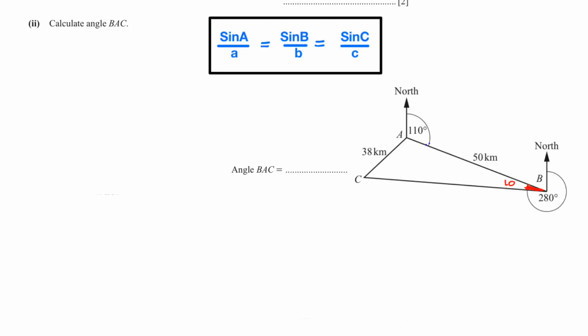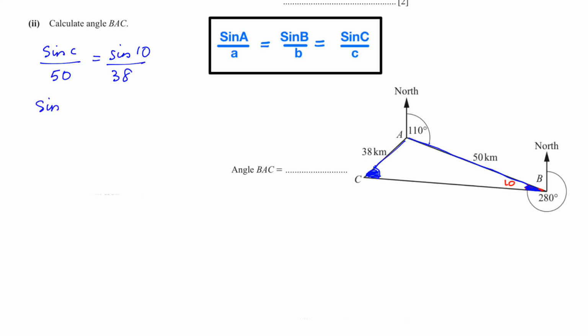So we are going to use first the sine rule to find C, as we have the opposite side for it. Okay. So we will write sine C over small a, which is your side, 50, is equal to sine 10, the B1, this part, over the side opposite to it, which is 38.